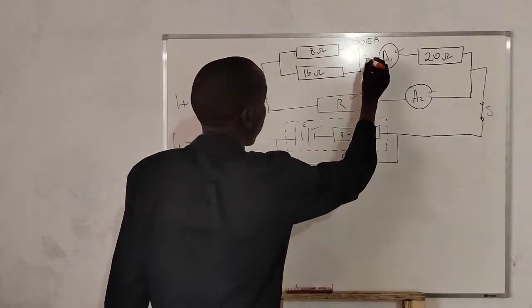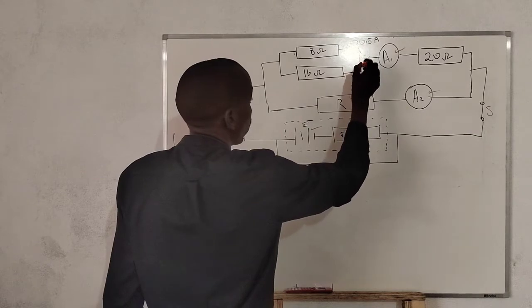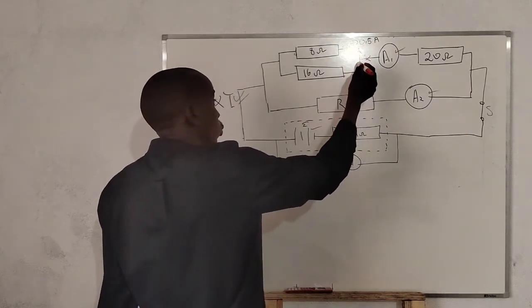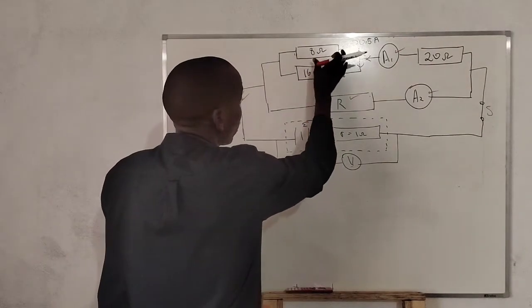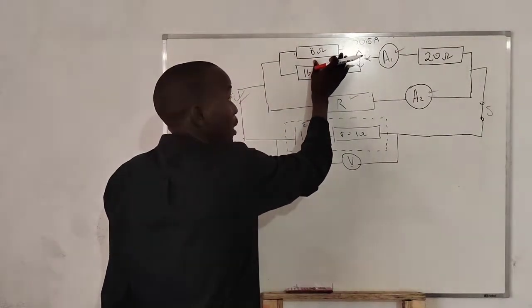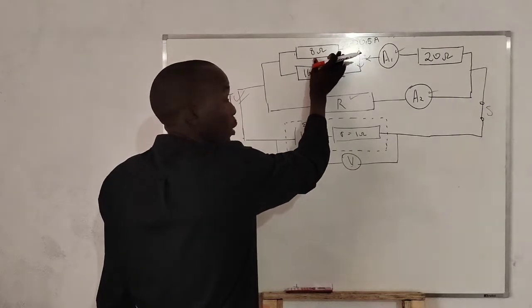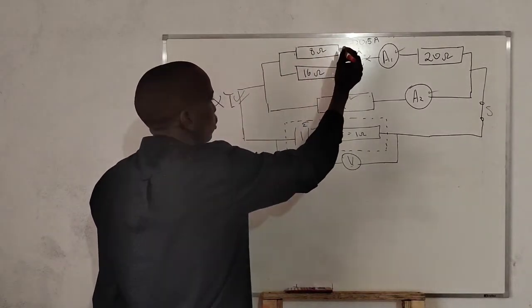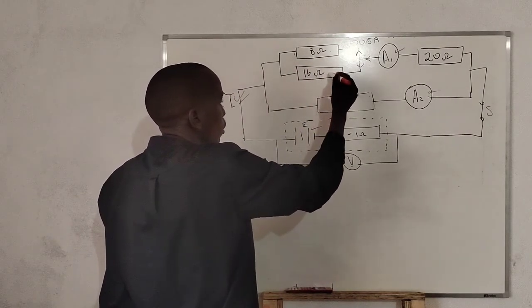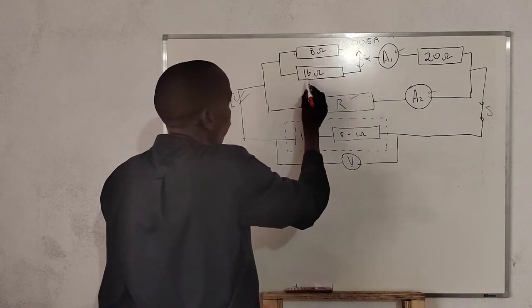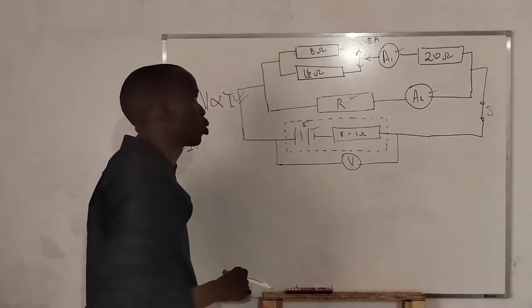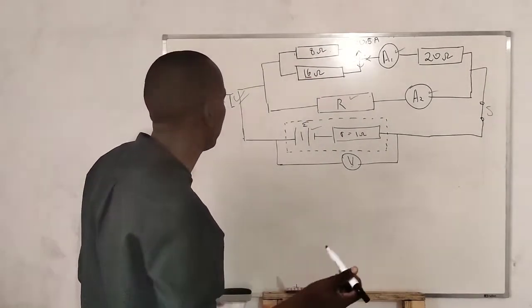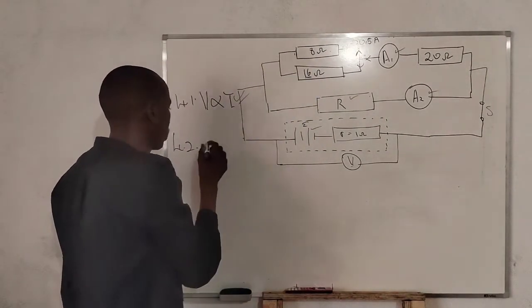Some of the current passes through here, and some passes through here, and we can find the voltage of this resistor. The voltage of this 8 ohm resistor is the same as the voltage of the 16 ohm resistor.